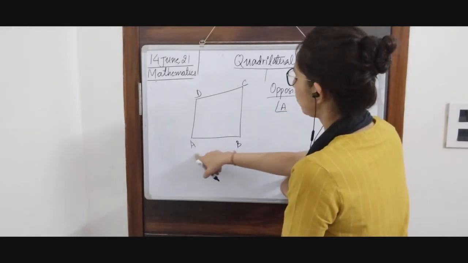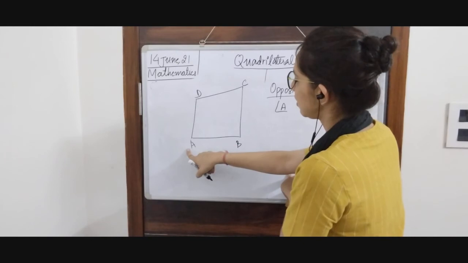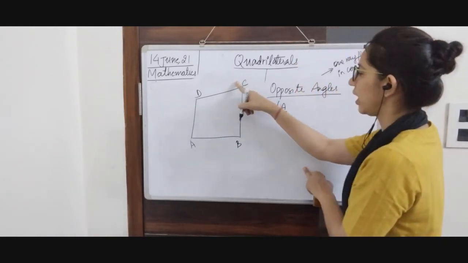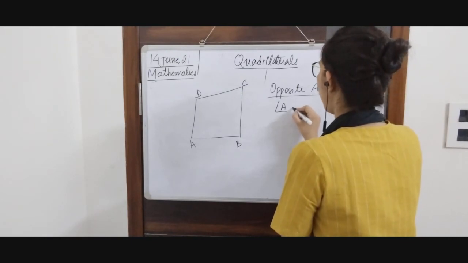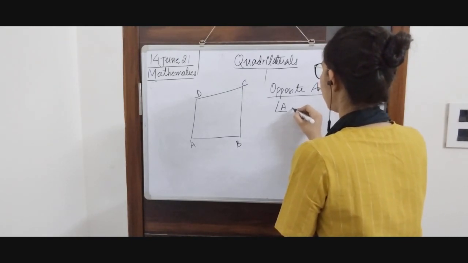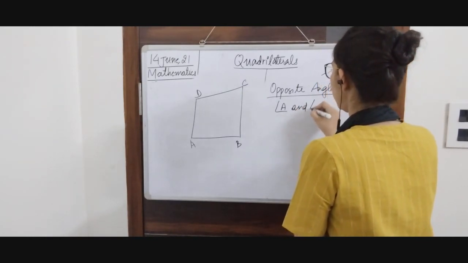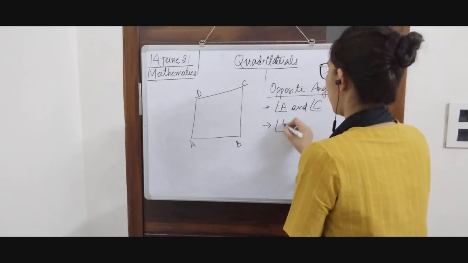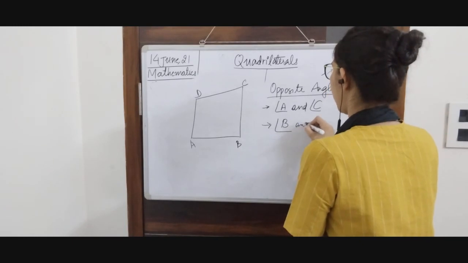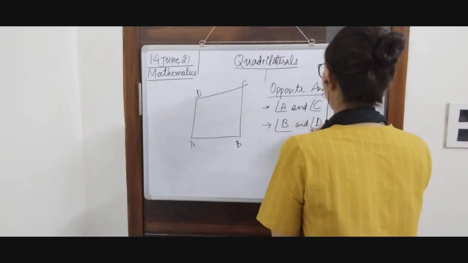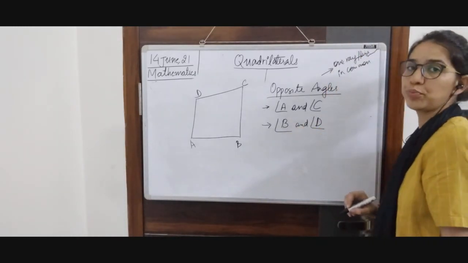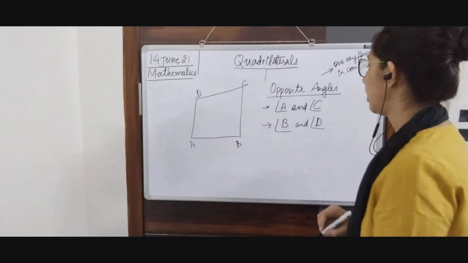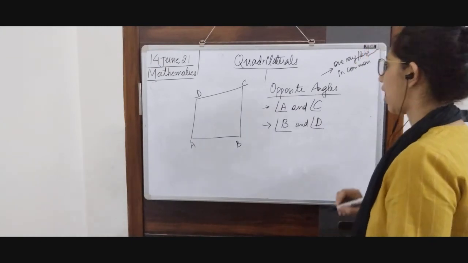Angle B is adjacent to A, and D is adjacent to A. It means the angle opposite to A is going to be angle C. So angle A and angle C are opposite angles. Next, angle B and angle D. These are the two pairs of opposite angles.